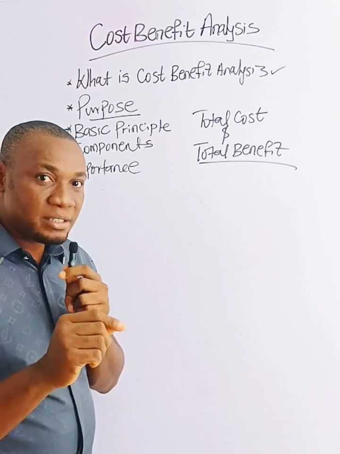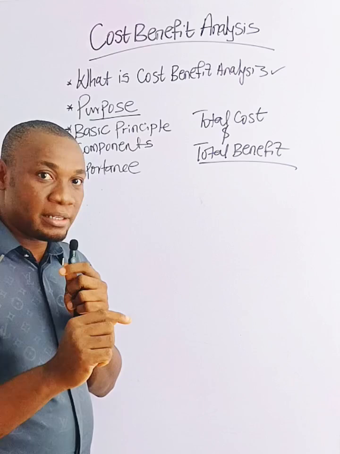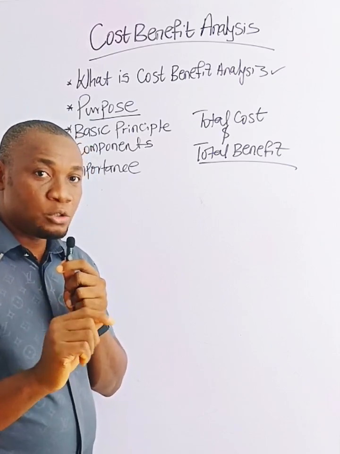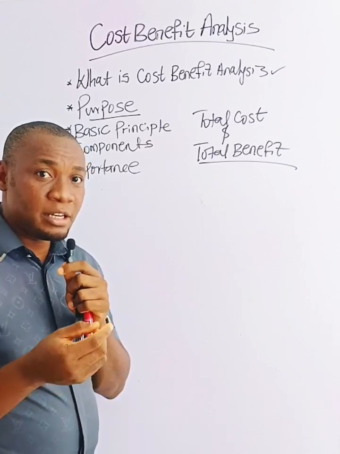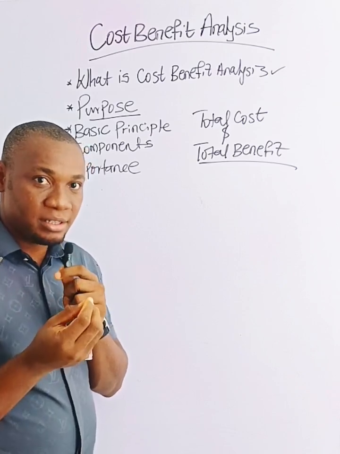If the benefit is lesser than the cost, you will need to think twice. In fact, you will need to reject that proposal. So the purpose is to promote the welfare of the citizens while using available resources.